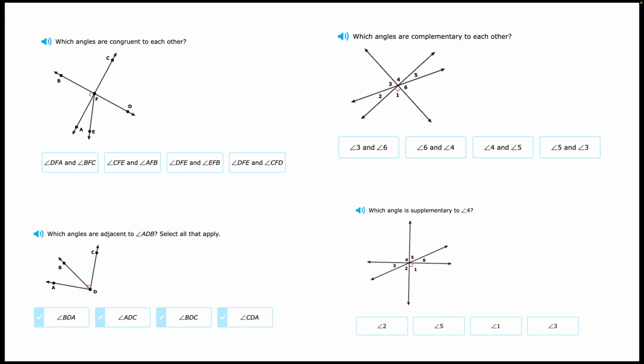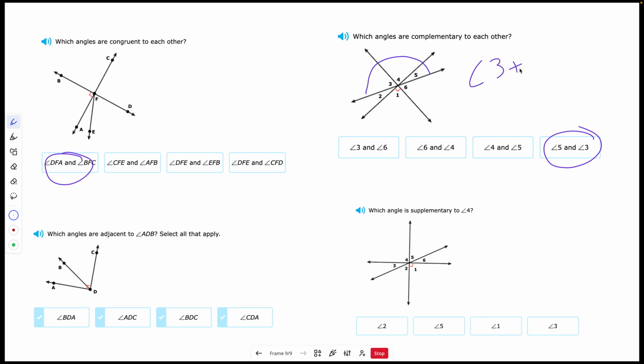Okay, now that you've had time to work these problems, let's check your solutions. For the first problem, you should have said that DFA and BFC are congruent to each other. For the second problem, you should have said that angle 5 and angle 3 are complementary. And I'll make a quick note about that one because it's a little bit tricky. You have to be able to see that these 3 angles make 180 degrees, right?